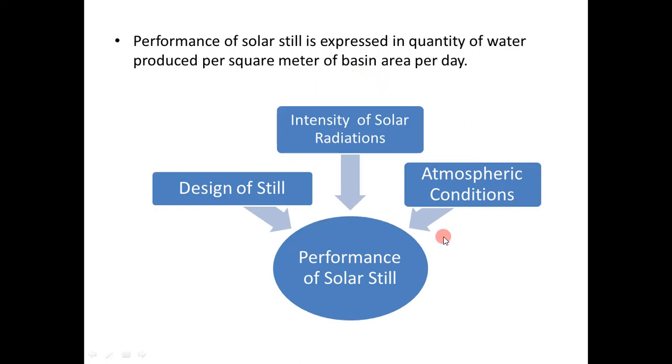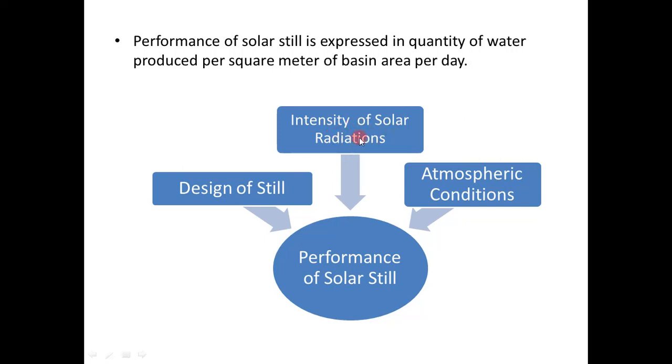The performance of a solar still is mainly affected by three parameters. These are design of the still, intensity of solar radiation, and atmospheric conditions. The main parameter is radiation. The higher the solar radiation, the higher will be the performance of the solar still, and the higher will be the quantity of water we get from the still.